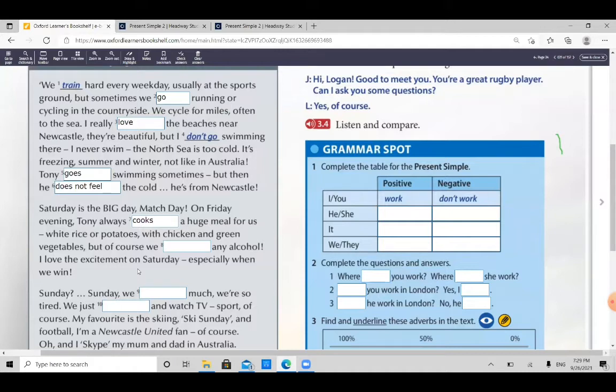Okay, let's continue with Amal. But of course we don't drink any alcohol. Yes, we don't. This is the short form: don't drink any alcohol. Continue.